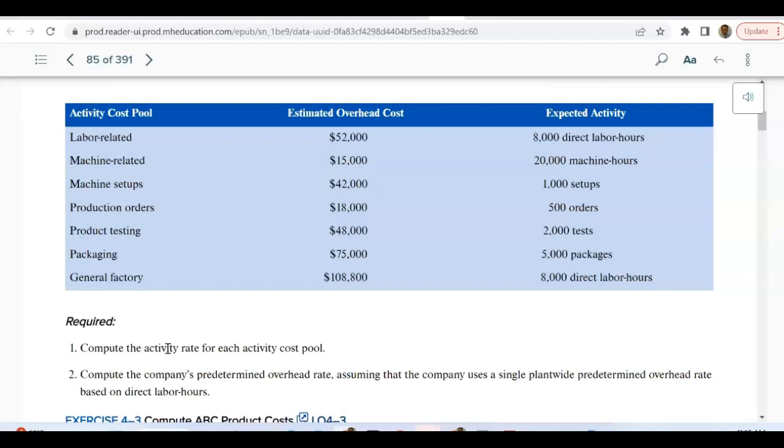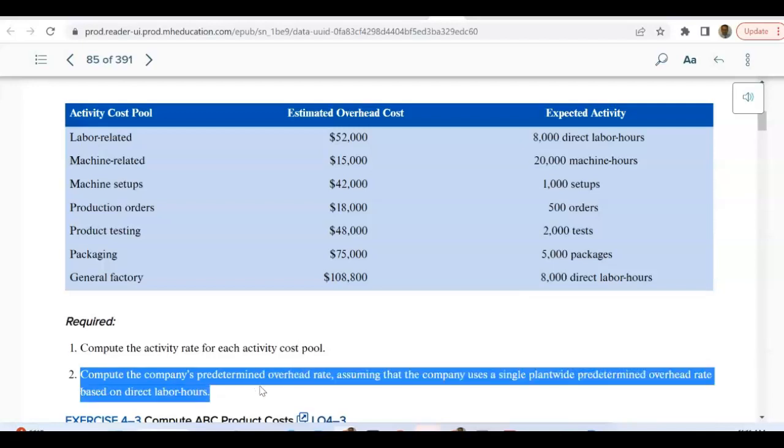So you want to understand that you can have an ABC system, or you can have one predetermined overhead rate for everything in the factory. Obviously, that is easy, but it might not be useful to be competitive in the market in the calculation of your cost of goods sold.